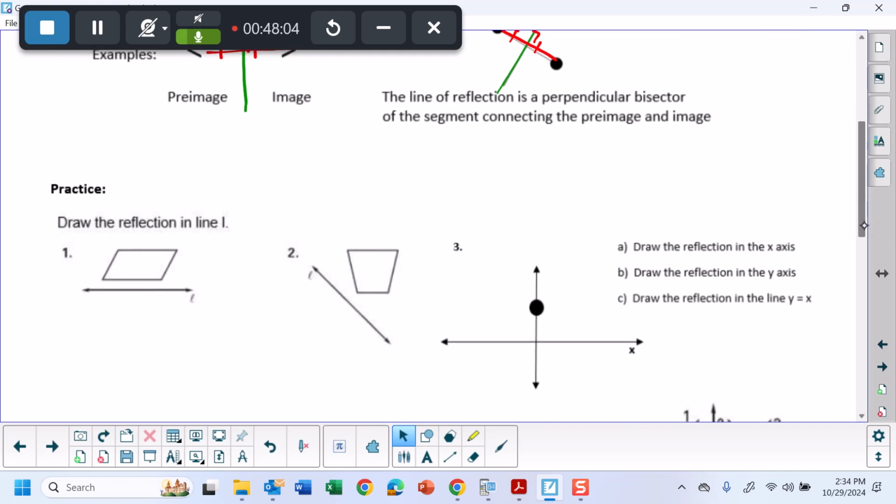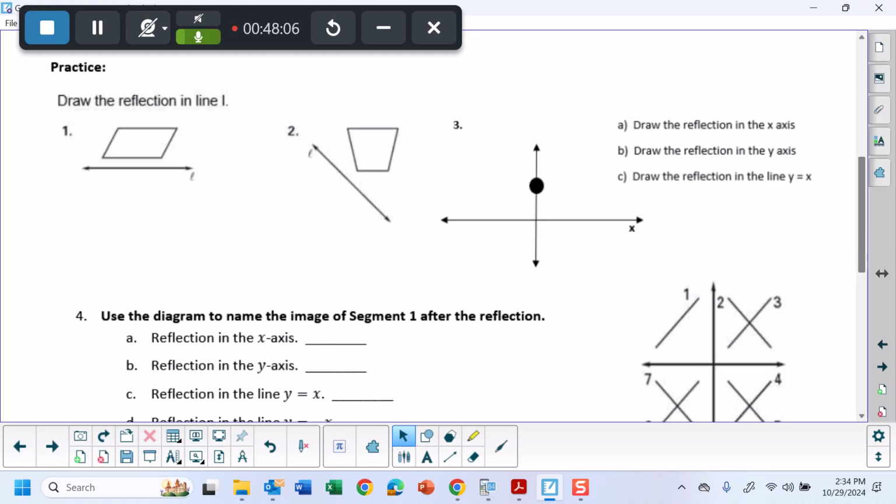So when we draw our reflections, look at each vertex in your figure and draw its reflection exactly the same distance from that line of reflection.